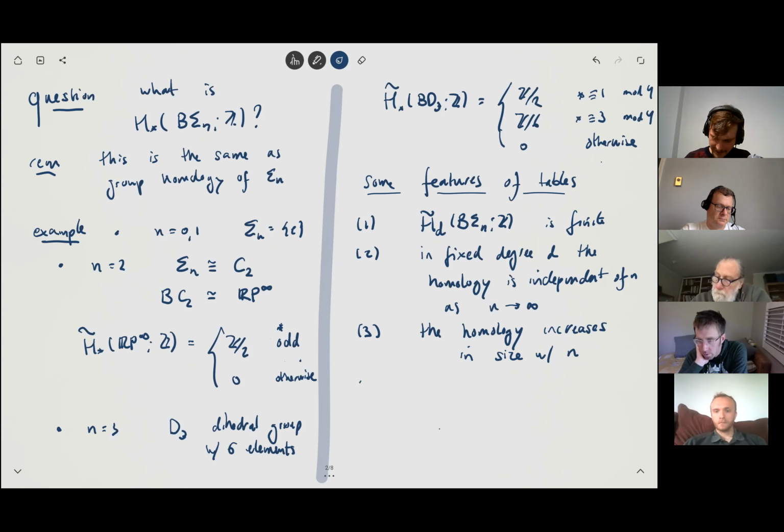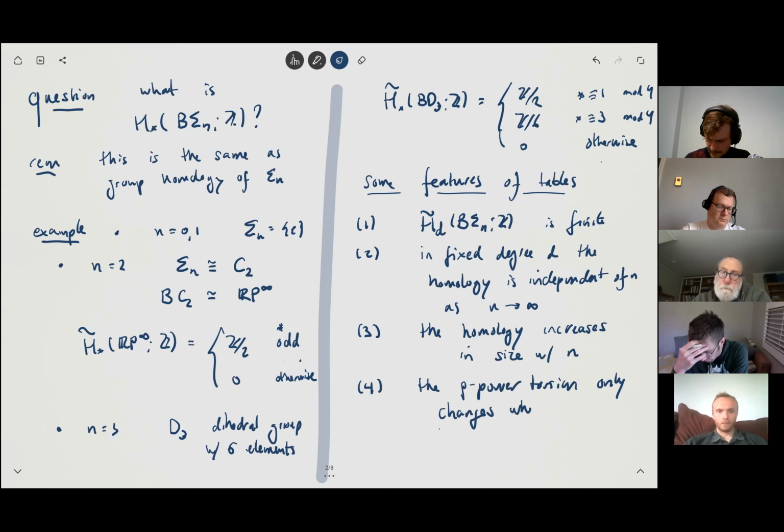Some of these are a bit imprecisely formulated, and what we'll do in a second is formulate them more precisely. And finally, the p power torsion only changes when p divides n. Okay, so I recommend before the next lecture, you look at these tables again and see that these things indeed occur.